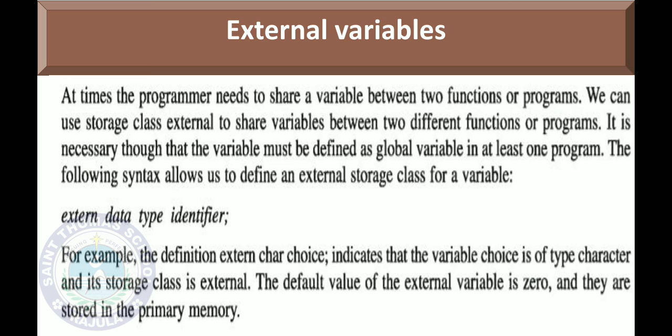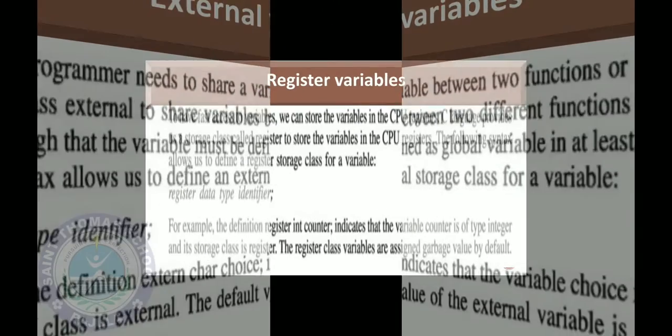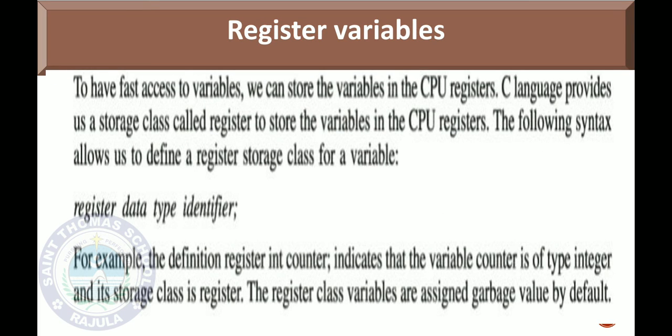Means the automatic variables are also stored in the primary memory, and this external variable also will be stored in the primary memory. Then the next, the third one, is the register variables. If you want to access any variable very fast in your program, then you can store that variable in the CPU register.